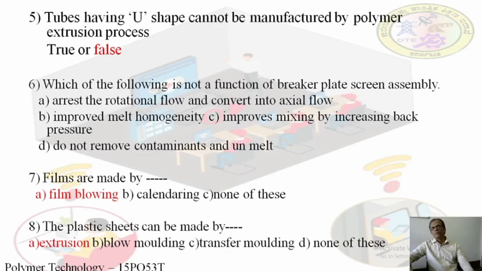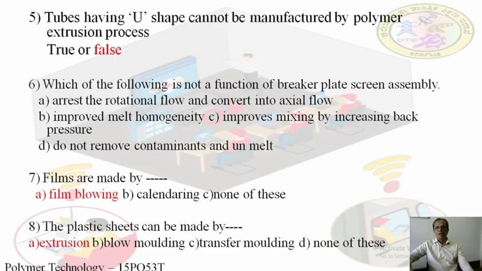Now, question number 6. Which of the following is not a function of breaker plate screen assembly? A, arrest the rotational flow and convert into axial flow. B, improved melt homogeneity. C, improves mixing by increasing the back pressure.